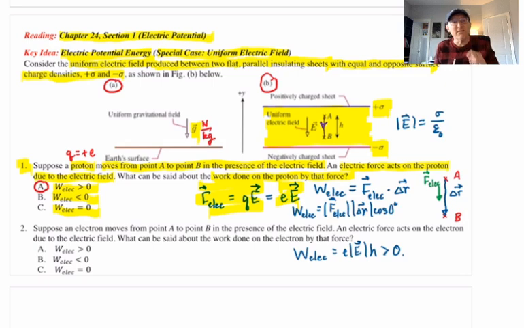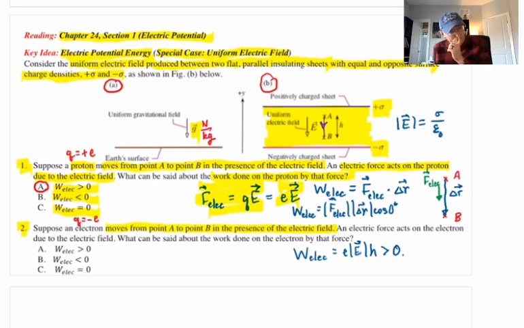All right, let's consider another case, case 2. This time, we're going to take a negatively charged particle, an electron. So its Q is negative little e. That's the charge on an electron. And we're going to have the electron move from point A to point B in the presence of this electrostatic field.